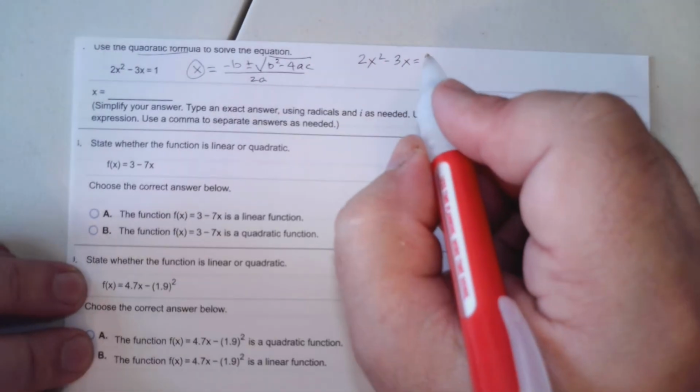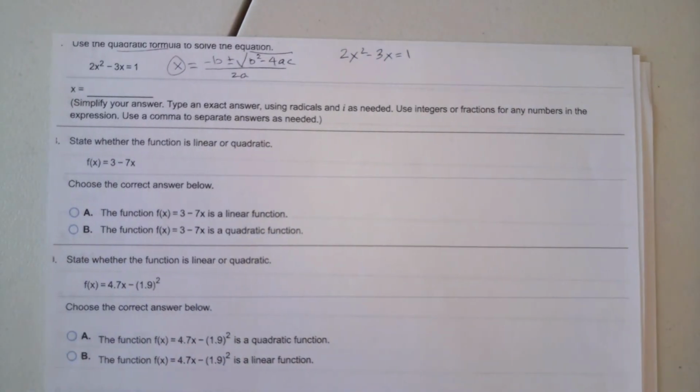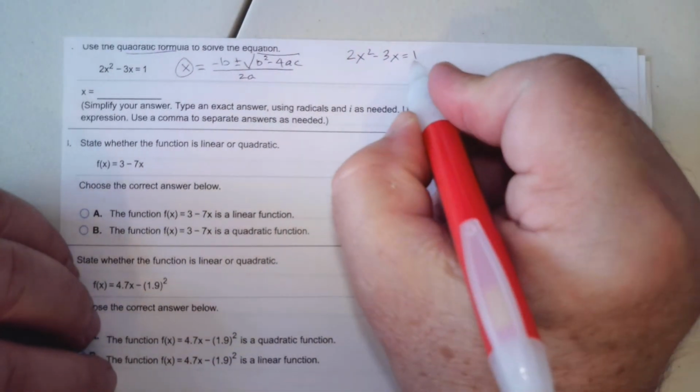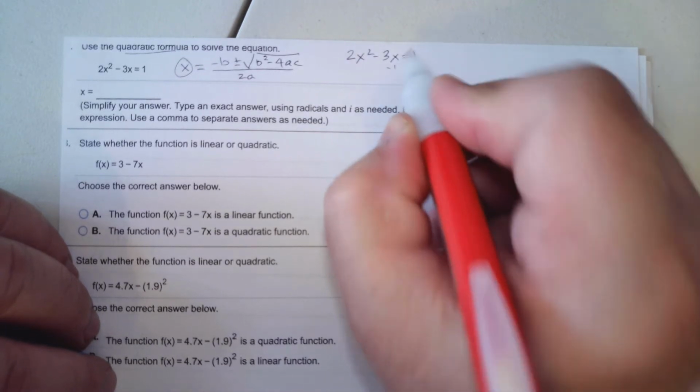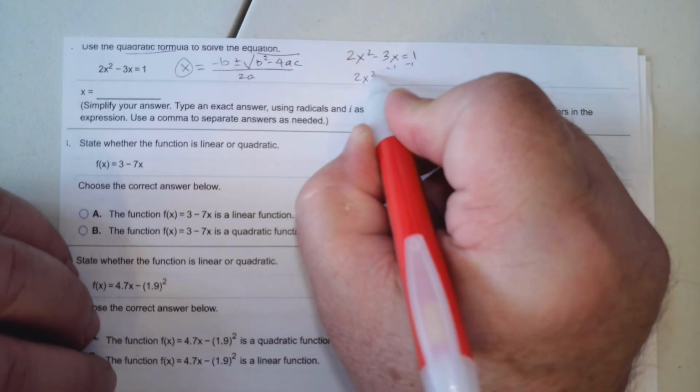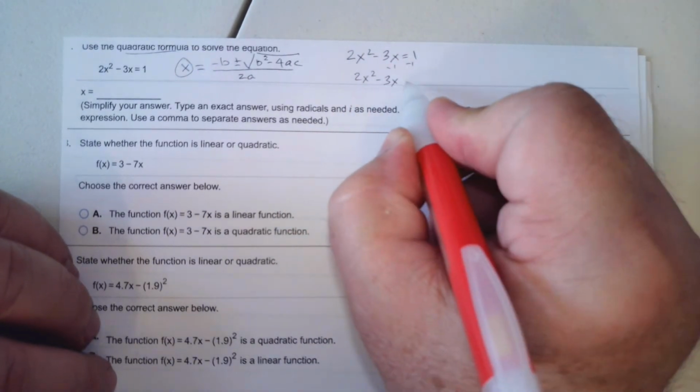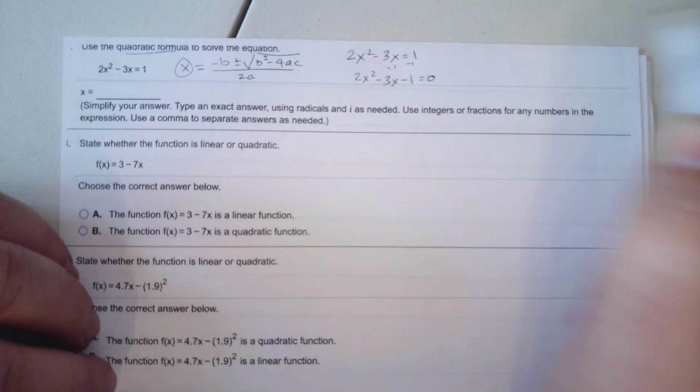The first thing you have to do in this type of equation is you have to set it equal to 0. So in this case, we have to move the 1 over. So we have 2x squared minus 3x minus 1 equals 0.